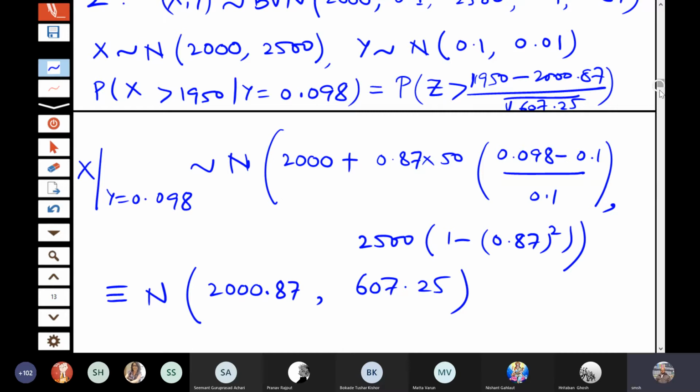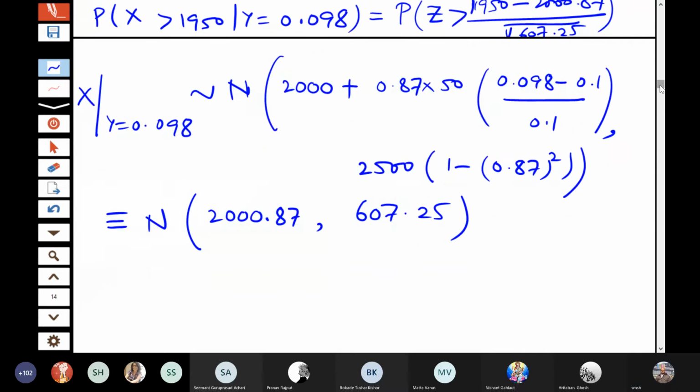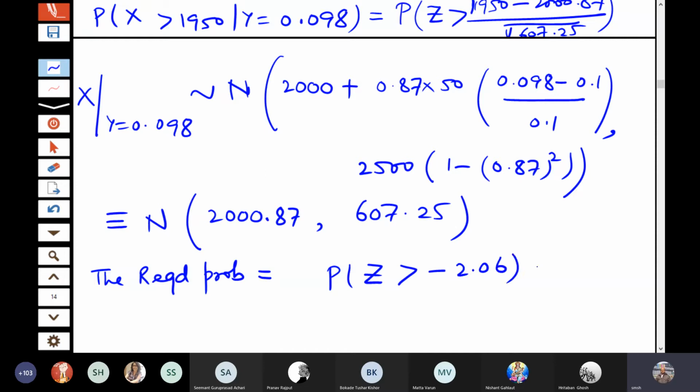So the probability will become z greater than minus 2.06, that is phi of 2.06, which is approximately 0.98.